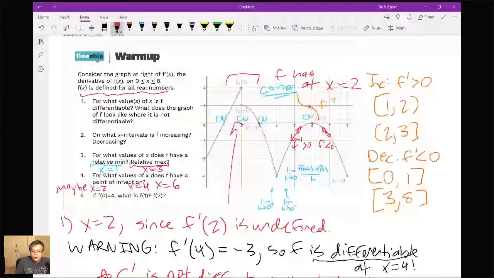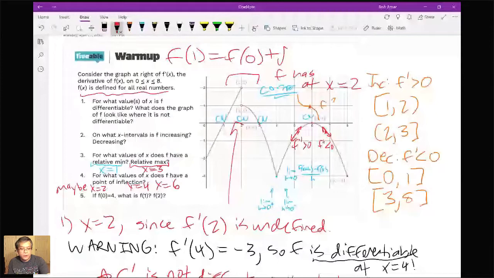Okay, so f of 1 is going to be f of 0 plus the integral from 0 to 1. I like using the accumulator for this. Then this area here is -1. So f of 1 is going to be equal to 3.